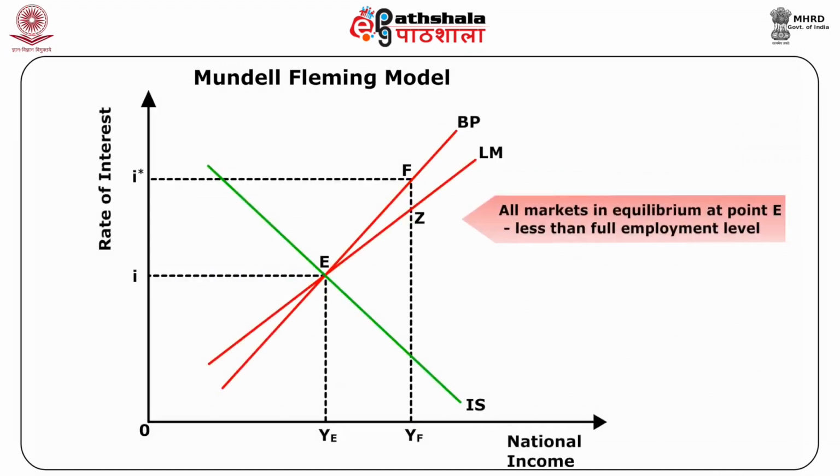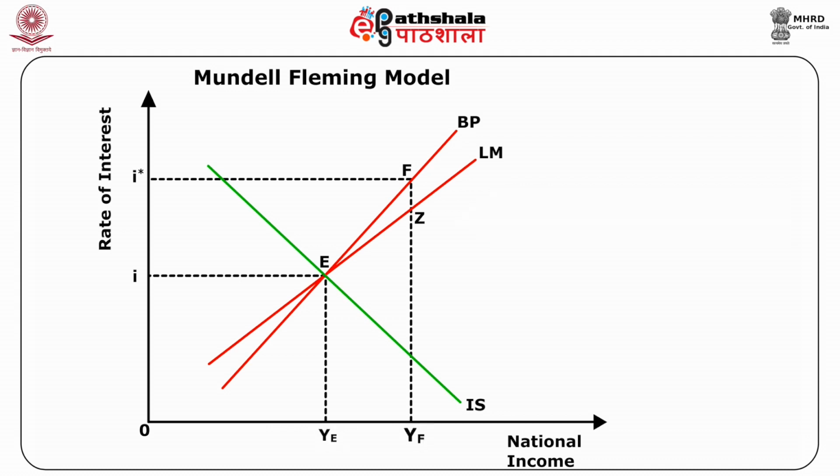In the figure, all the markets are in equilibrium at point E, where the IS, LM and BP curves cross, at interest rate I equal to I_E and national income Y equal to Y_E, which is less than the full employment level Y_F. At I equal to I star, the level of national income is Y_F.